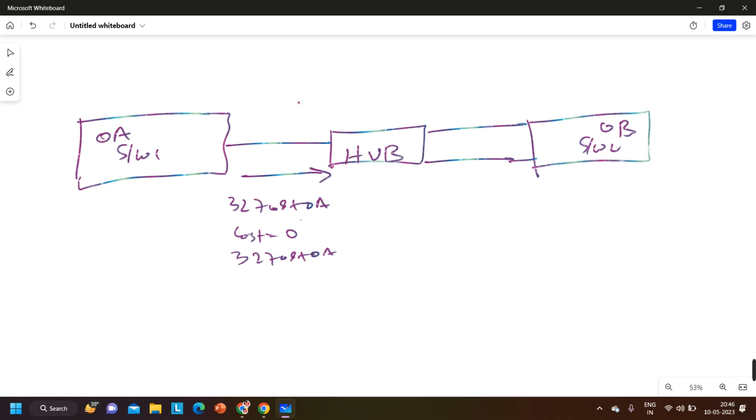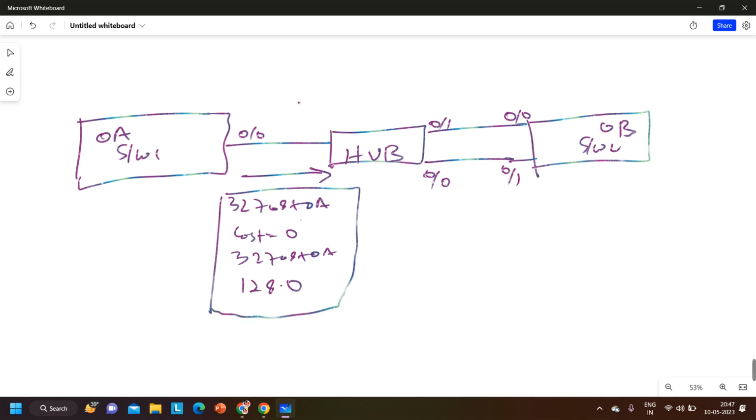After that, what information will be there? Sender port ID. Suppose this is 0/0, this is 0/1, this is 0/0, and this one is 0/1. Now the sender port ID will be, let's say, 128.0. This is the BPDU of switch 1.